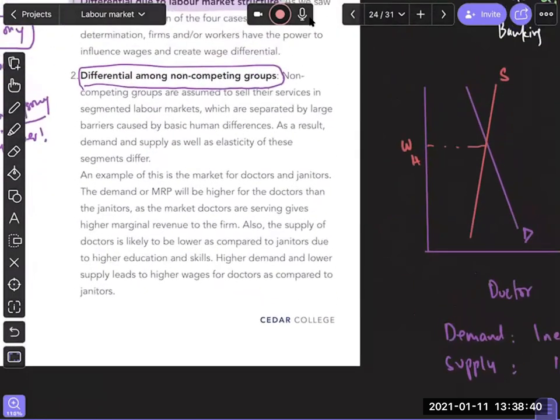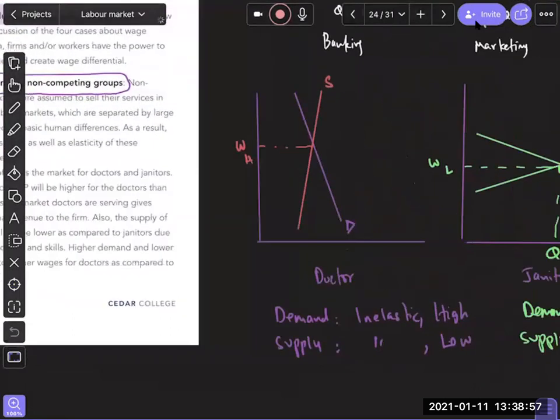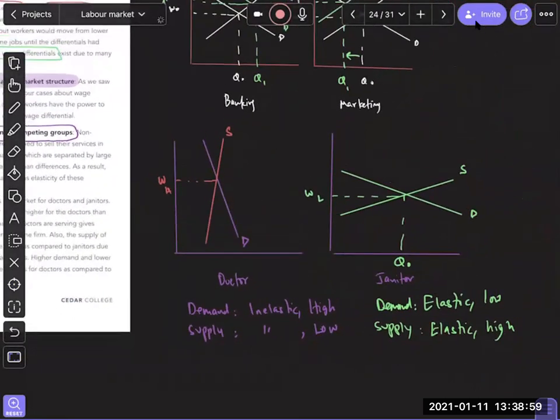So sometimes we say the non-competing groups are assumed to sell their services in segmented labor markets, which are separated by large barriers to entry, caused by basic human differences. So people are paid differently because they have different skill sets and so forth. And this is a very good example of how, knowing that doctors are paid much higher, you still cannot get into that market despite what you want, despite knowing that the salaries are pretty high. Make sense, guys? Are we good?